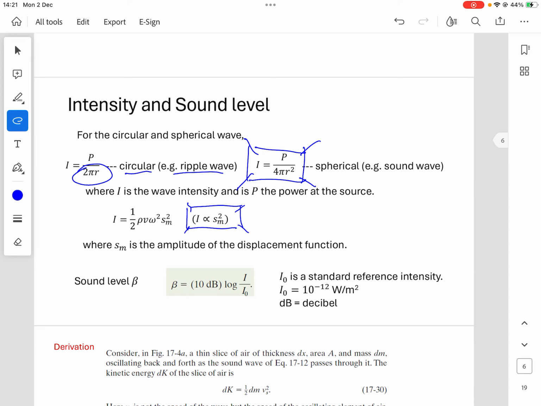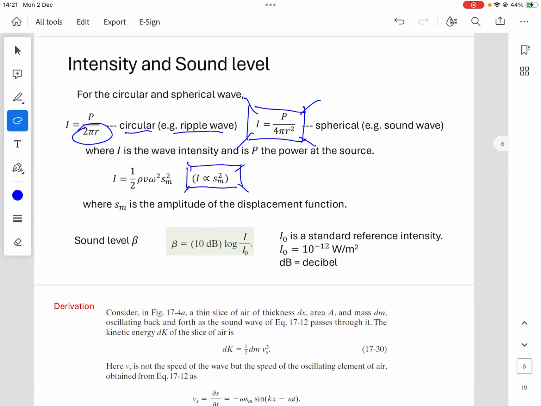Okay, next thing is the sound level. This is very important. Even though I just put this on the slide with some other information, this slide is very important. So first of all, you have to know that the intensity is the power of the source divided by the area. And next, you have to know what the sound level is relative to the sound intensity.